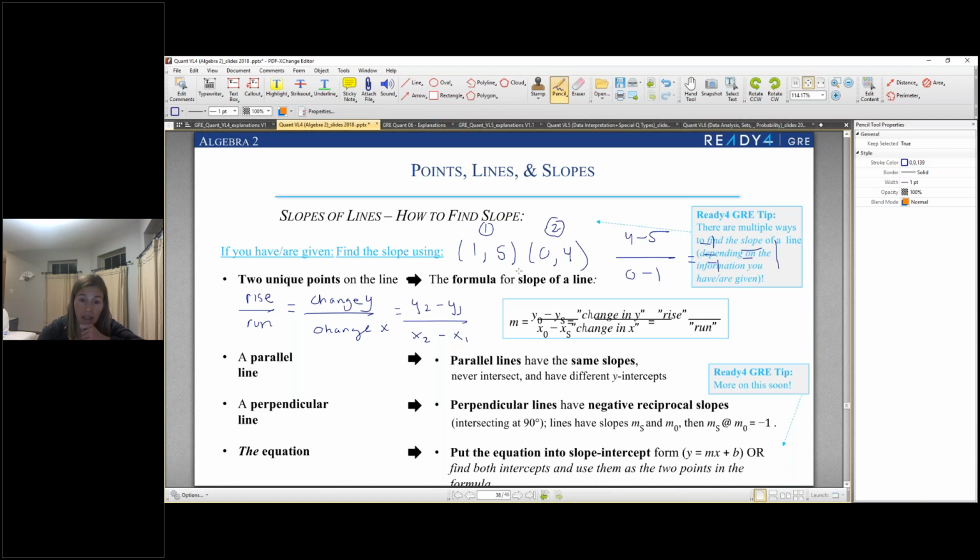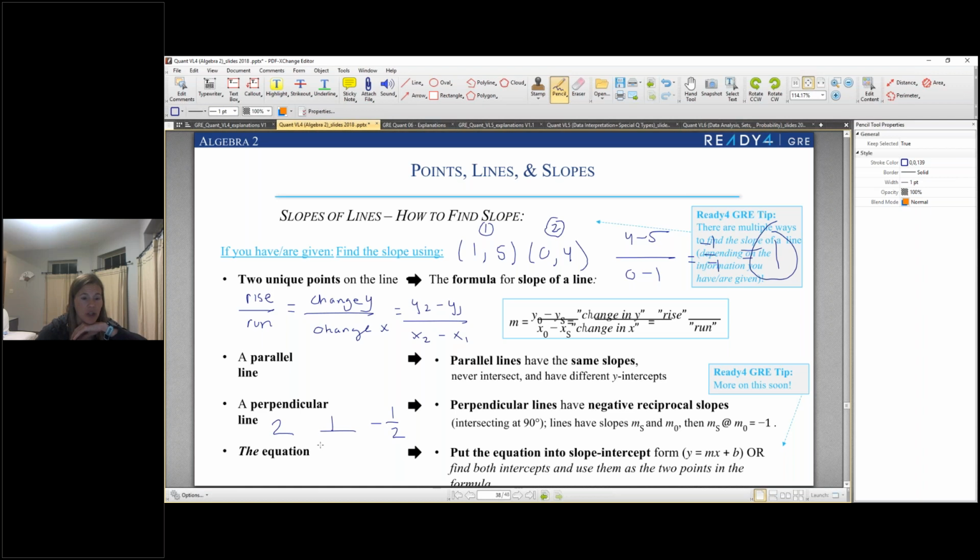Lines that are parallel have the same slope. That makes sense, right? If slope is a measure of how steep they are, if they're the same steepness, they're going to be parallel. Perpendicular lines have slopes that are negative reciprocals. So if we had a line with a slope of 2, the line perpendicular to it would have a slope of -1 over 2.